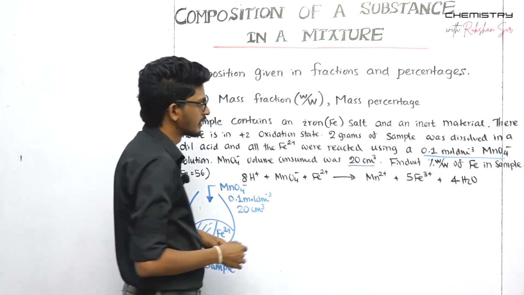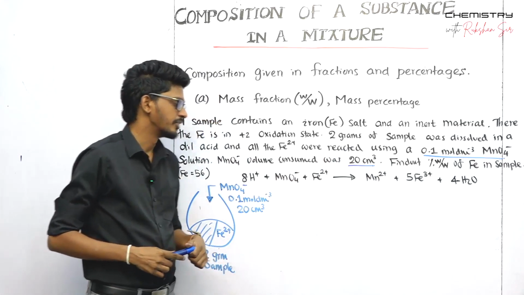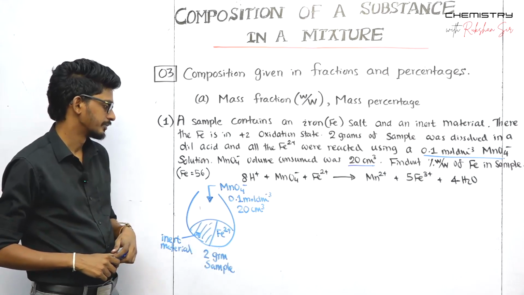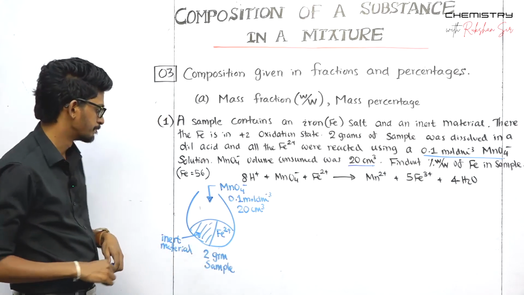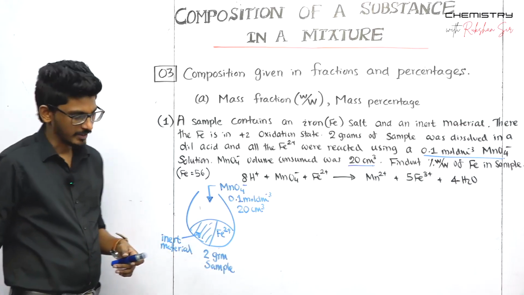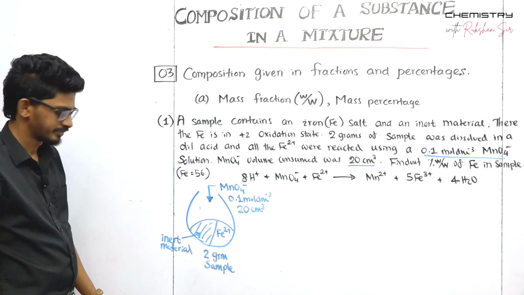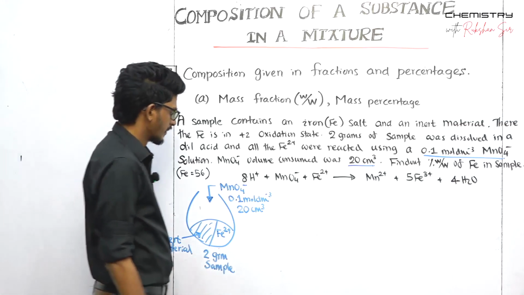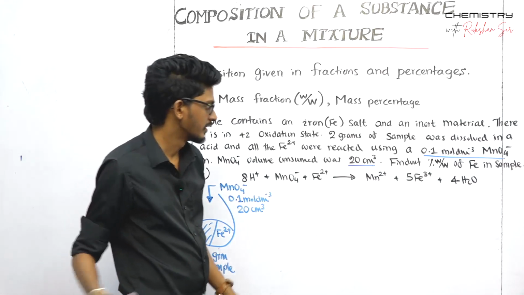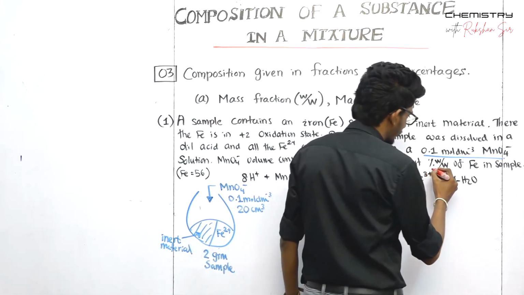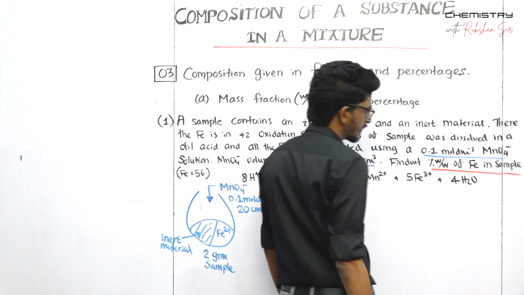They are asking the weight percentage of Fe, the iron, in this sample. Let's see how to solve this kind of question. What they are asking is the weight percentage of Fe in the sample.